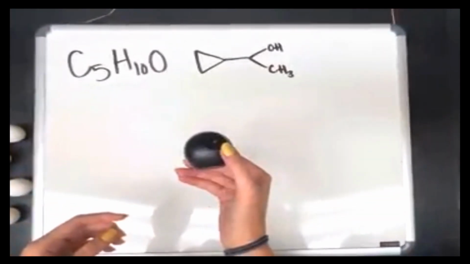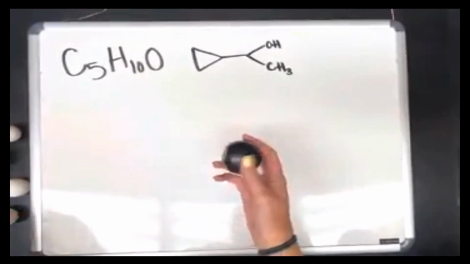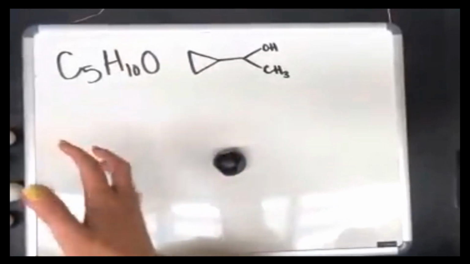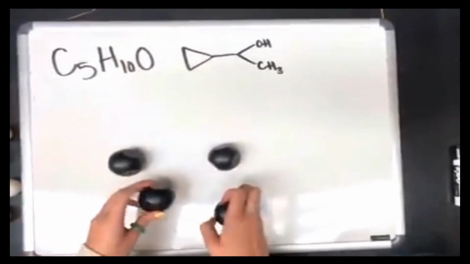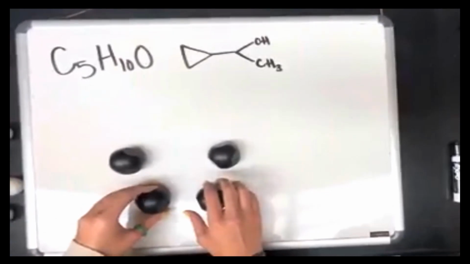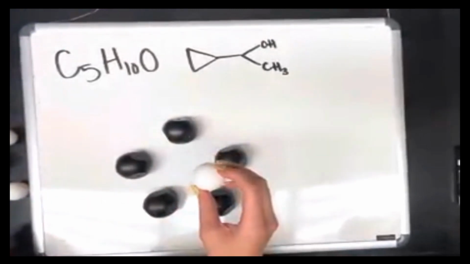Okay, so now we're going to look at doing the 3D model. So here we have carbon, which has 4 bonds. So we need to get 5 of those. So 1, 2, 3, 4, and then 5. So now we need to get hydrogen, which has one single bond.